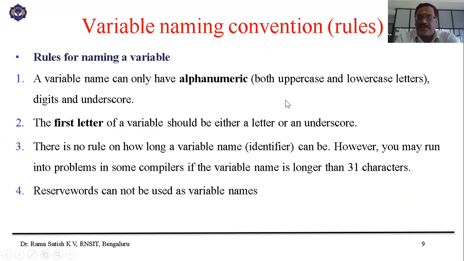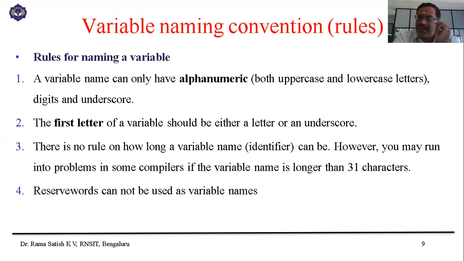Moving further, the different rules for giving names to variables. We call them variable naming conventions, naming rules. What rules do we need to follow while giving the names? The first rule says the variable name should be only alphanumeric, and it should start with an alphabet.